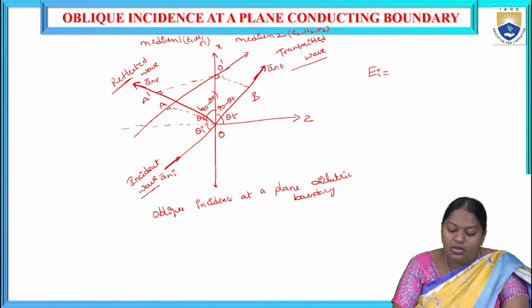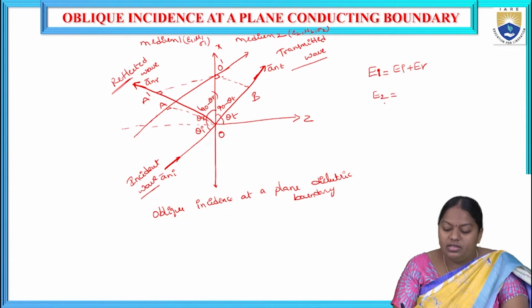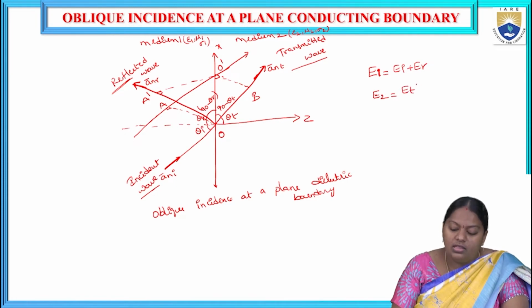In medium 1, we have two traveling waves, so E1 is equal to EI plus ER. In medium 2, the electric field intensity vector E2 is given by ET only. Why? Because in medium 2, the part of the incident wave that exists is called the transmitted wave. It is also called the refracted wave.